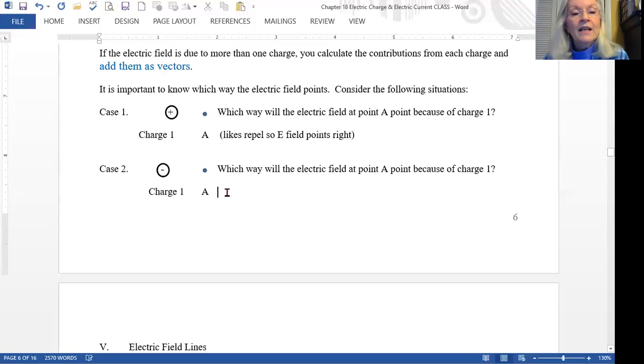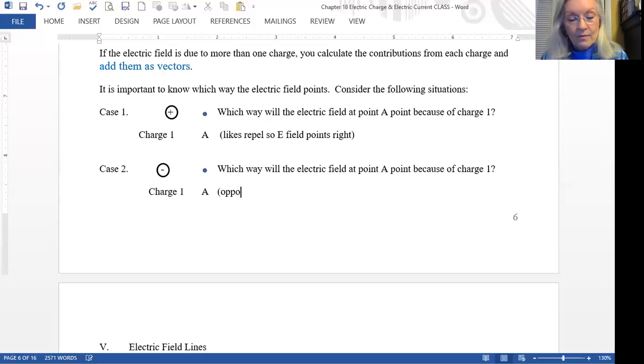Suppose we're down here, where charge 1 is a negative charge. Point A is still our pretend free positive test charge. Remember, there's not really a charge here. It's a pretend positive test charge. What would a pretend positive charge do because charge 1 is there? Well, charge 1 is negative. Our pretend test charge is positive. Opposites attract.